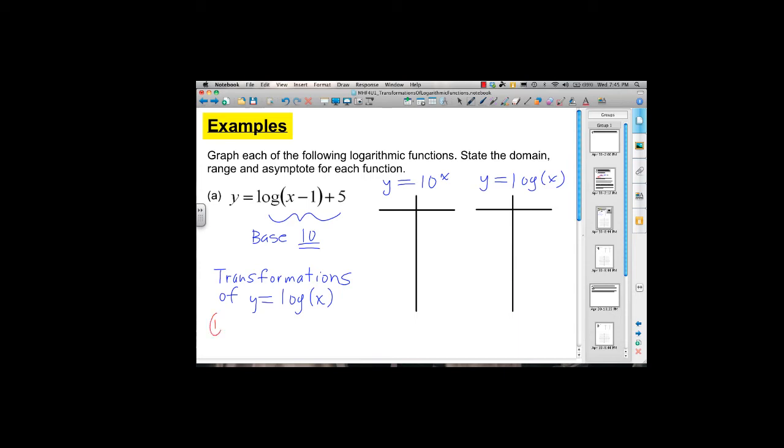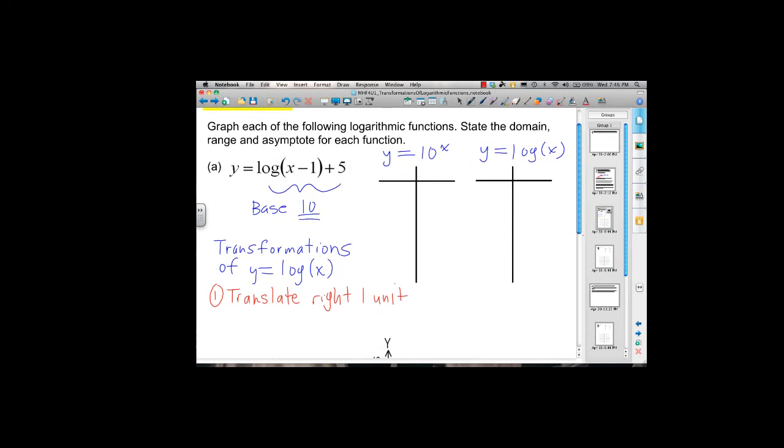So the thing we will need to do to our graph of log of x is to recognize that, because I see x minus 1 in brackets, I'm going to have to translate right 1 unit. And with the plus 5 at the end of my function, that will mean I will also have to translate up 5 units.